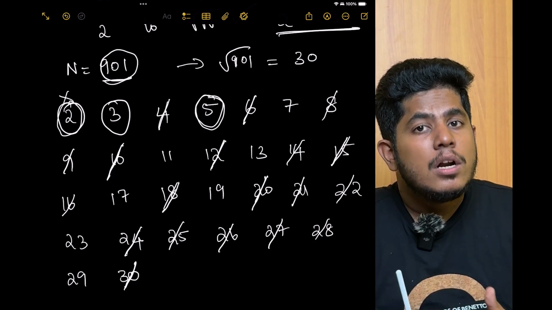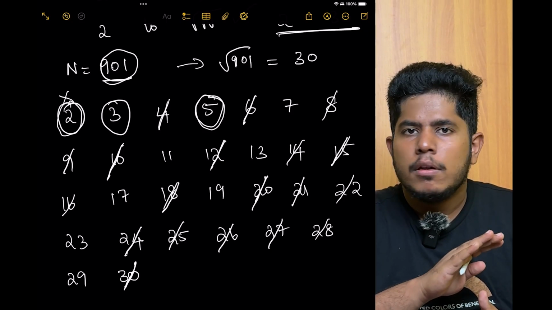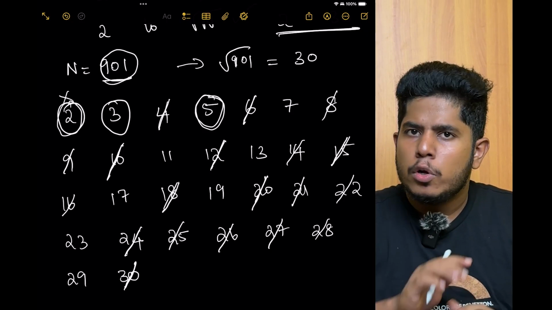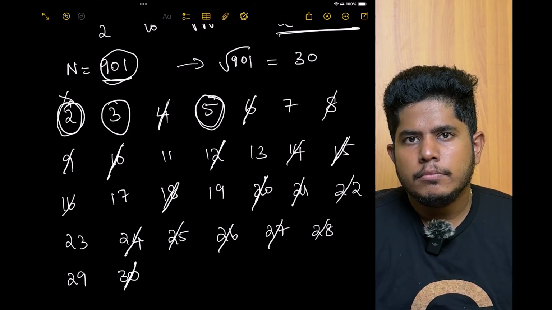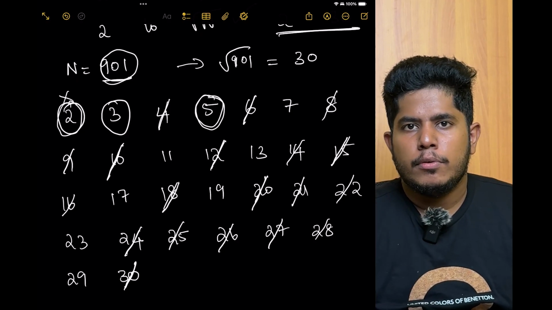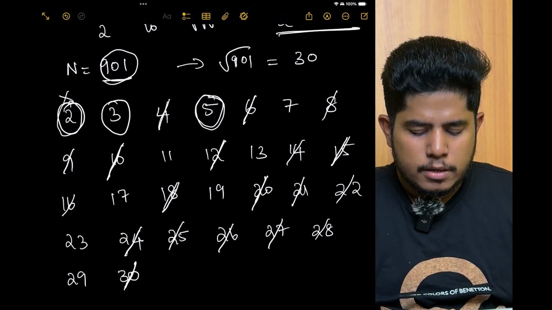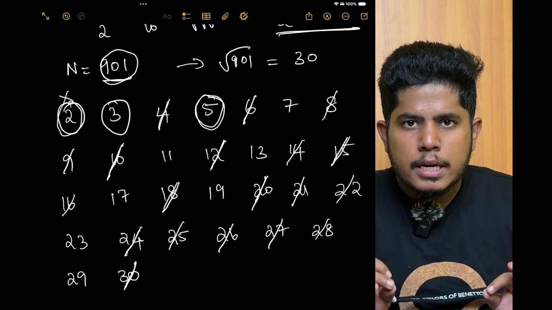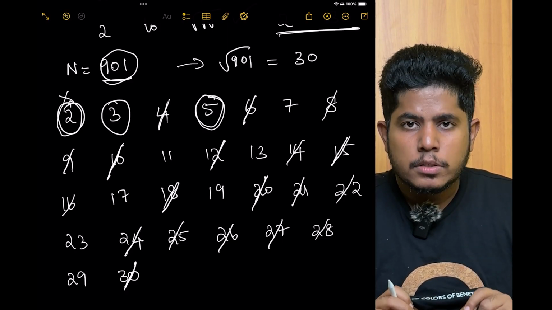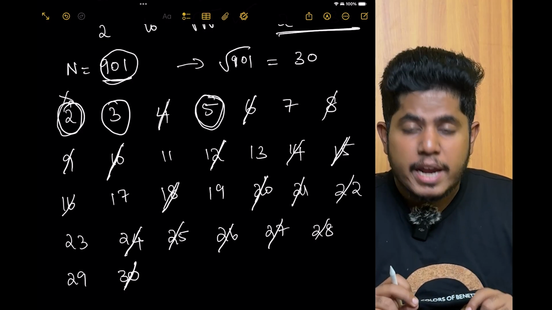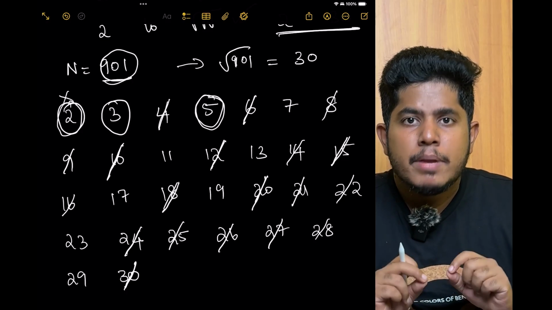But if it is not divisible by 3, then leave all the multiples of 3 out. Do not check them. This is our core idea. So now, similarly, we have to proceed, but let me circle the numbers which have not been struck out, which have not been eliminated.